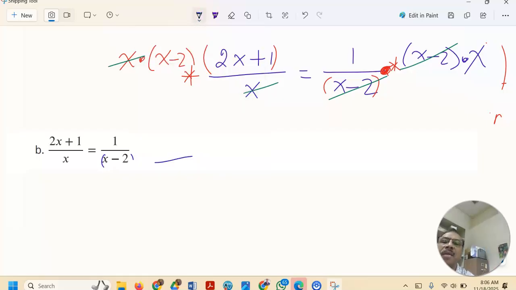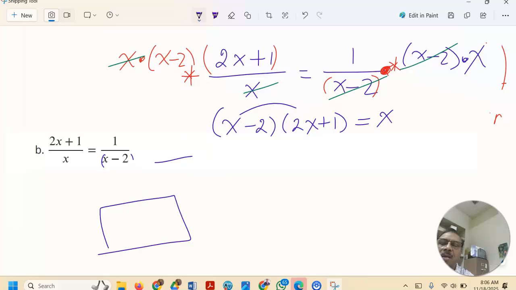So what you are left with is x minus 2 times 2x plus 1. Now we need to do a little work here. We could also use the distributive property. Those of you who forgot, you can do it this way also. I put x minus 2 like this, and the second one is 2x plus 1.